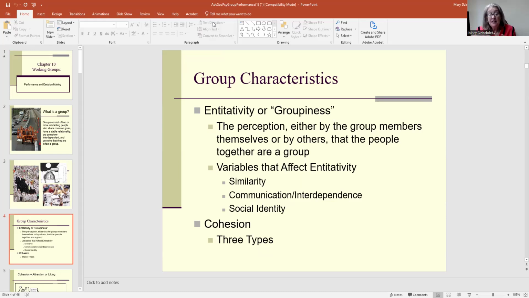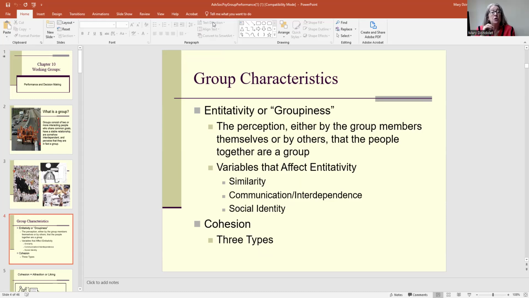Now, it'll be much easier for you and much more interesting if everyone is sharing really good information with one another and we're all spurring one another on to be the best versions of ourselves as advanced social psychology students. But you can see how we're not as reliant on one another, as interdependent.